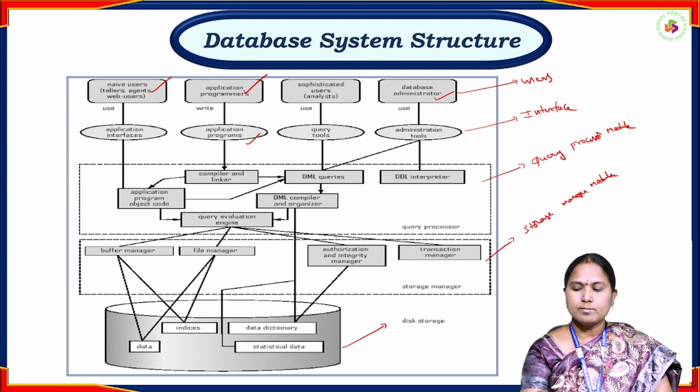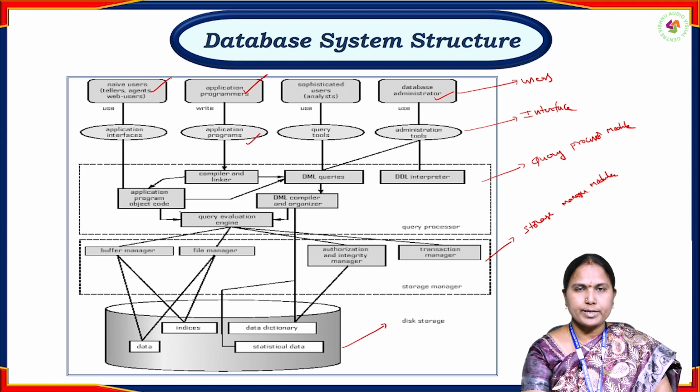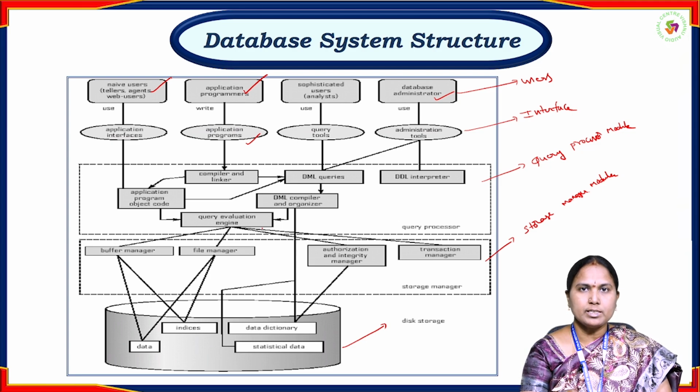Coming to the next one, in the query processor module, whatever interface mechanisms are there, application program object code for the naive users, compiler and linker, DML queries, DDL interpreters, all are communicated to the query evaluation engine. That means different users interacting with the database in different formats, all the queries are processed and evaluated with support of the query evaluation engine.